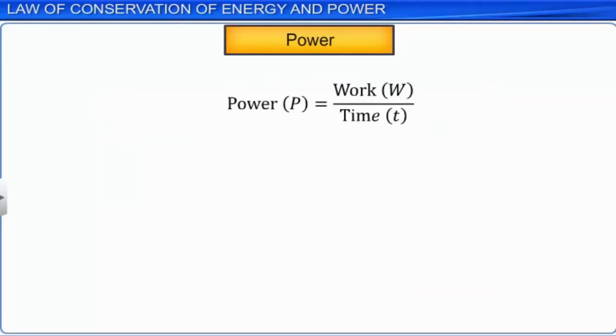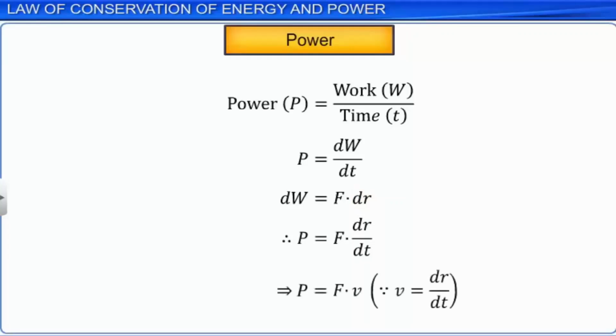Instantaneous power P = dW/dt. But dW = F · dr, where dr is the displacement. Therefore, P = F · dr/dt, which is equal to F · v, since dr/dt is equal to instantaneous velocity v.